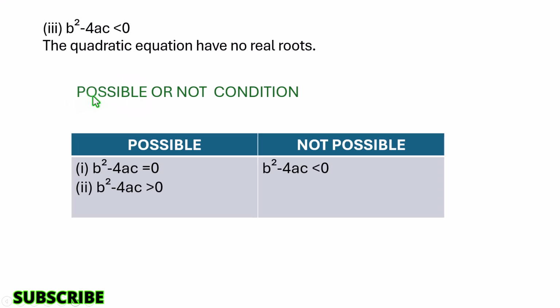Then in this discriminant, which conditions are possible or not? Possible: b square minus 4ac equal to 0, two equal roots, that situation is possible. b square minus 4ac greater than 0, two different roots, that is also possible. Not possible: b square minus 4ac less than 0.